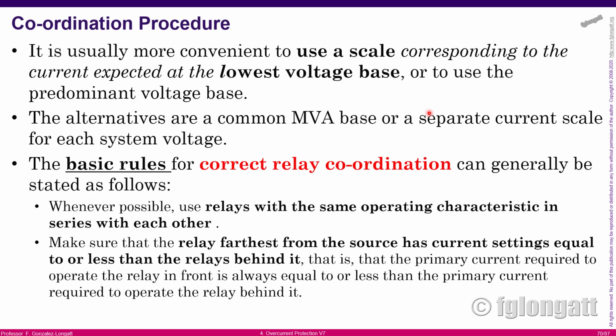Then what we want to do is start from the fastest relay, the one located far away from the source, with settings equal, similar, or less than the relay behind it. That means you go from the tail of your feeder to the front of your feeder, and the settings increase as you move toward the source.